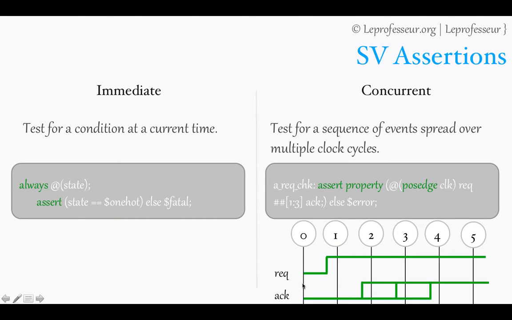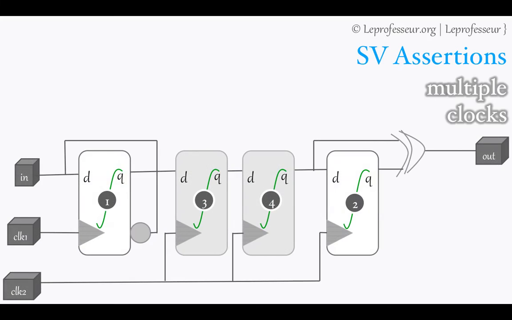You can combine immediate and concurrent assertions and write complex SystemVerilog assertions for validating your design intent. All right, let's take a look at a few more complex examples, if we talk about multiple clocks. A very simple example here: this input gives you a pulse, and it is being synchronized and going to a different clock domain.